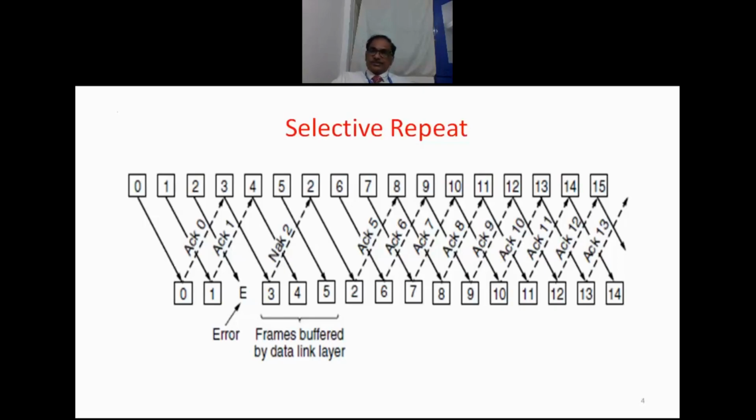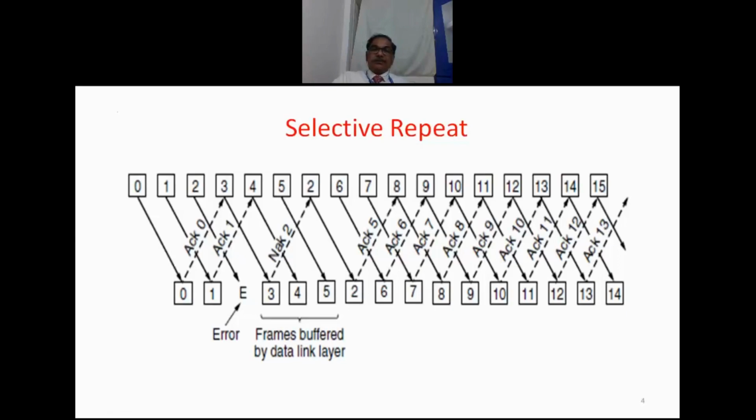See the difference in the performance levels. This is how the highest number of frames can be transmitted in less time if the selective repeat mechanism is used. That means the receiver should not reject the subsequent frames after the error frame.